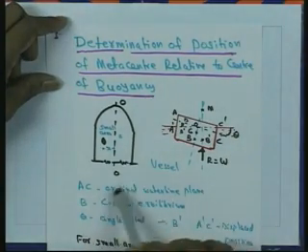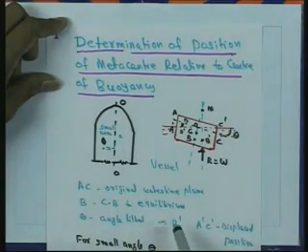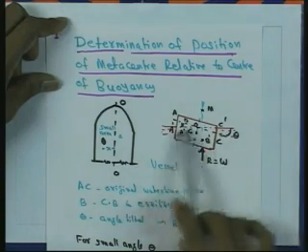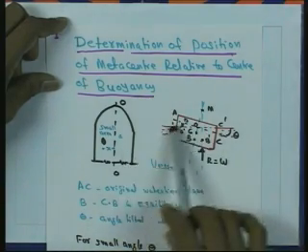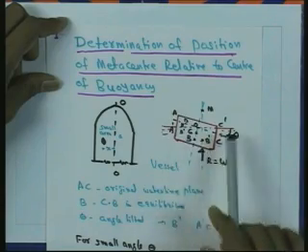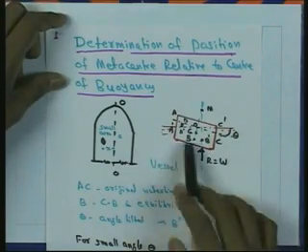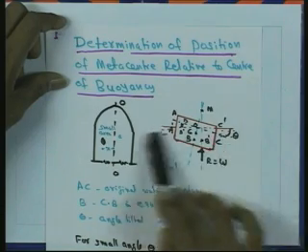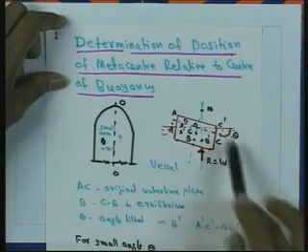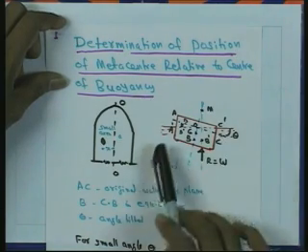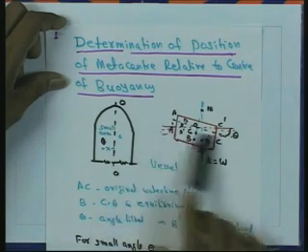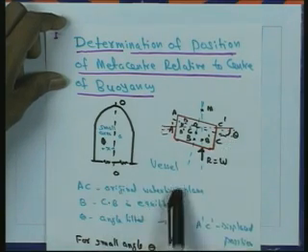Here you can see there is a big vessel, and the old position is horizontal. Due to a small tilt theta, the new position is this inclined line.